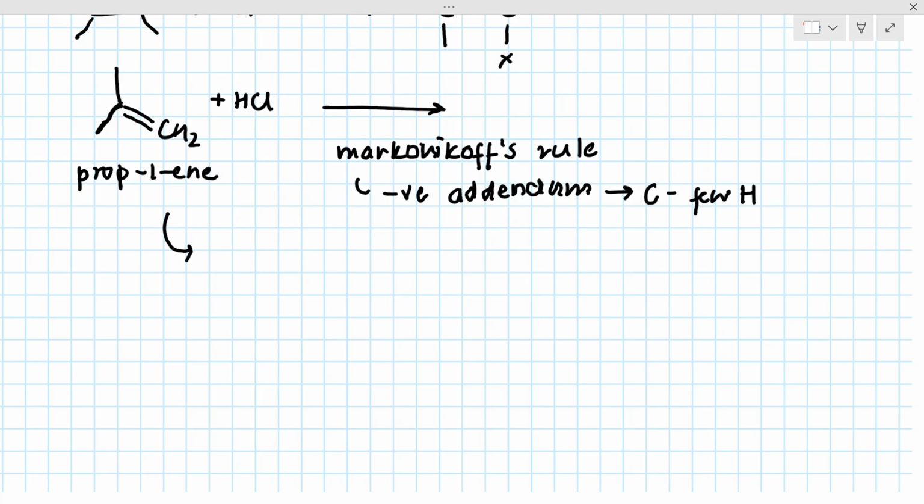In this, one carbon has three hydrogens, this also has 3 hydrogens, this has 2 hydrogens, and this has one hydrogen.